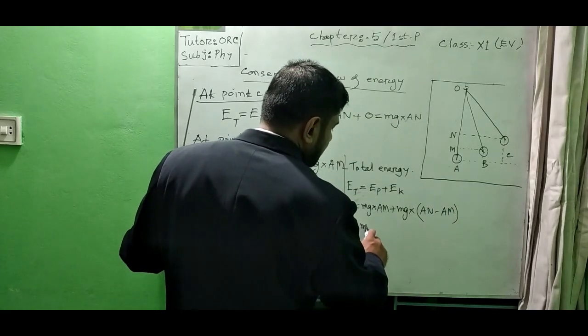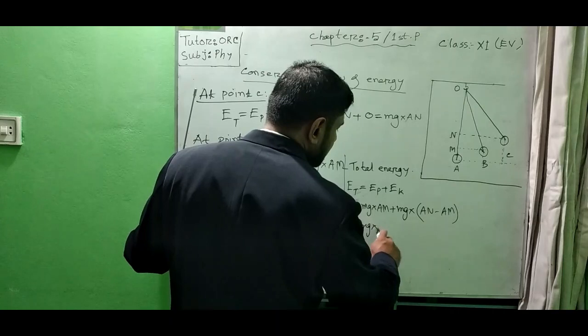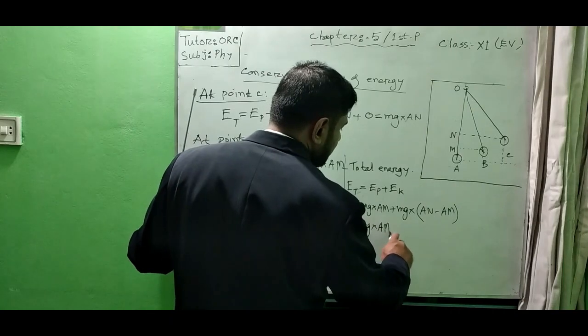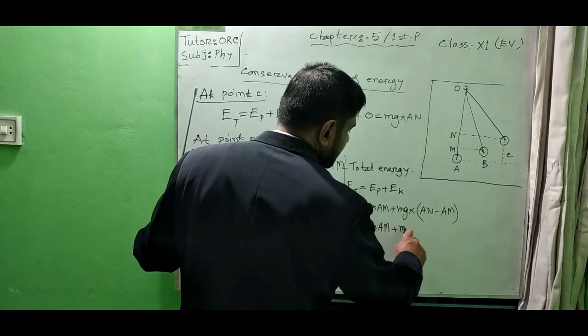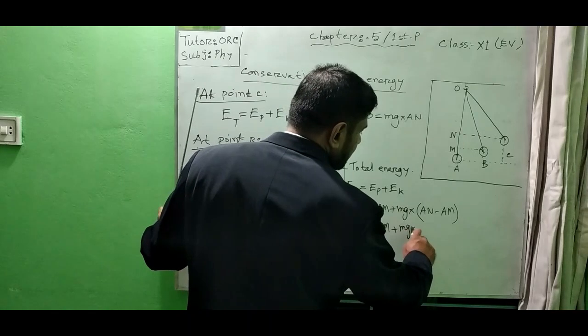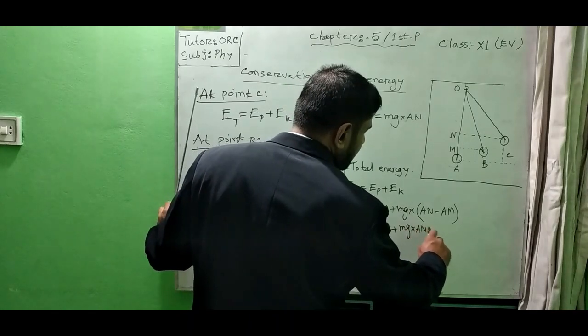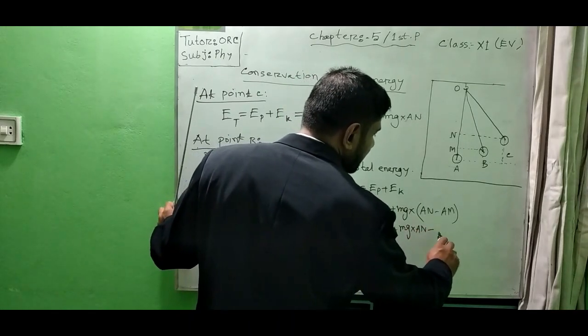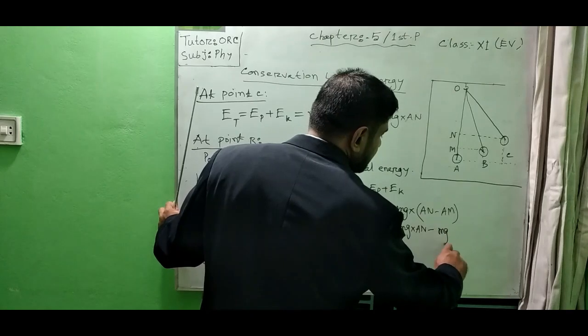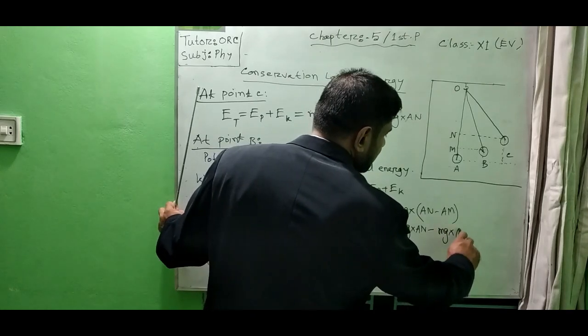So again mg into AM plus mg into AN minus mg into AM.